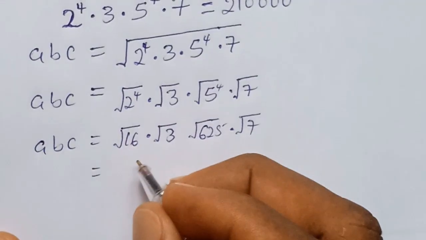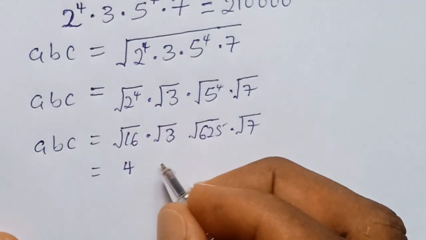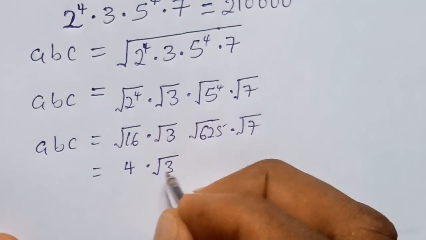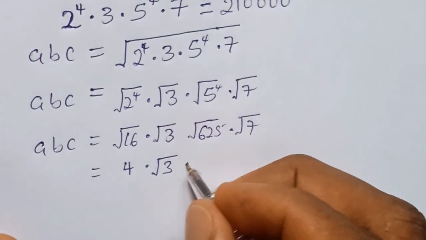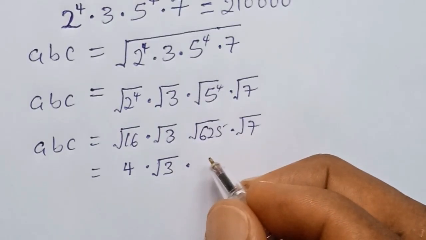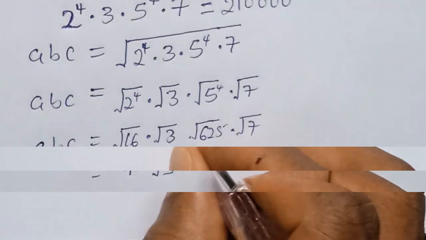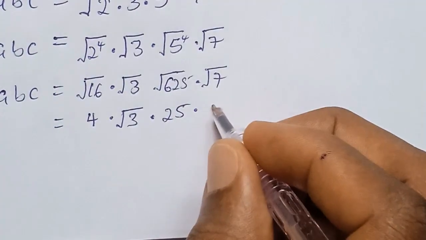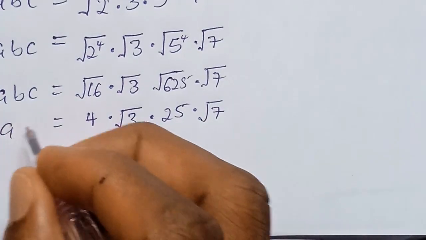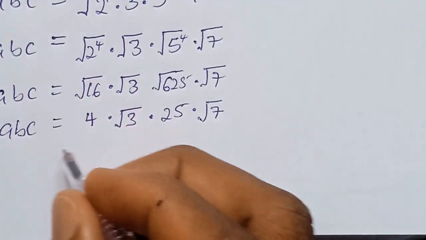So square root of 16 is given by 4 multiplied by square root of 3. Then square root of 625 is given by 25 multiplied by square root of 7. So I have this to be ABC.